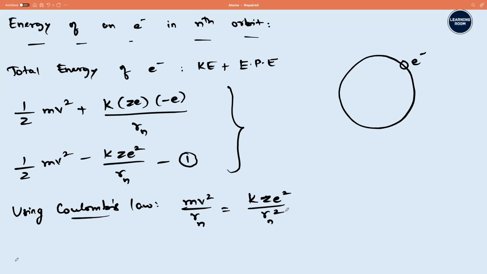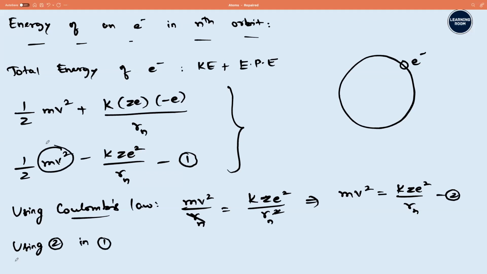So Rn and Rn will get cancelled, which implies mv square is equal to kZ e square divided by Rn. Let this be 2. Is there any doubt till this step? Clear, no? So using 2 in 1, what are we going to get?